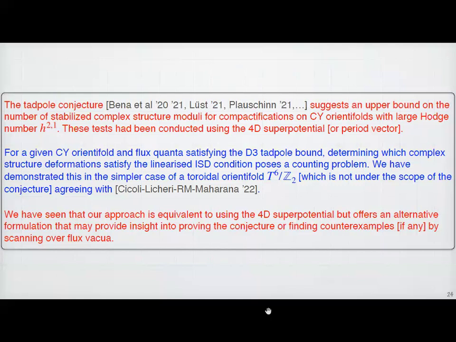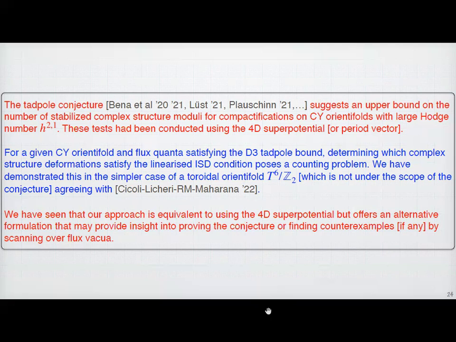There is an upper bound from the compactification, and that is new. The GKP idea was that at least complex structure sectors are all stabilized, only Kähler are not, but now it is clear to the community that some are not. We have also found examples. But what is the upper bound? They have some formula for that.